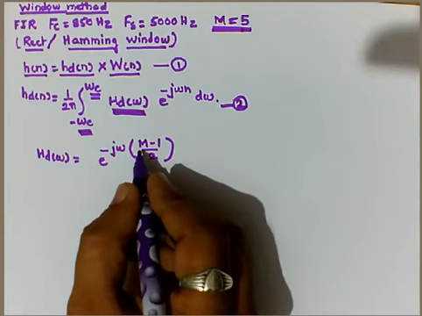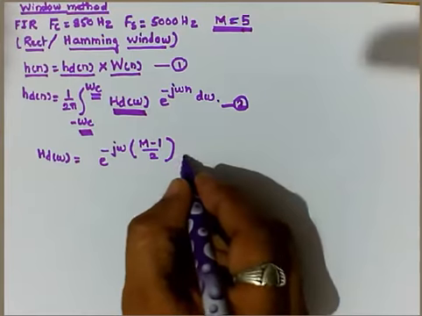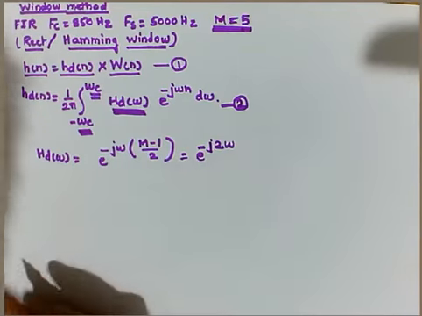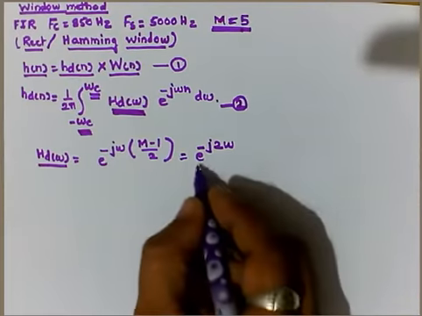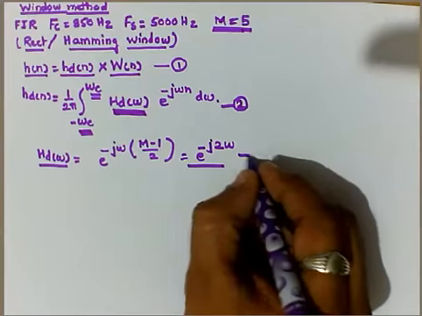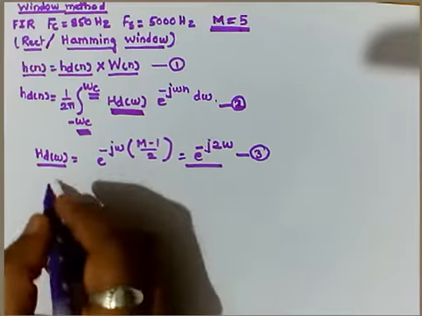So 5 minus 1 is 4, by 2 is 2. In short, this gives e raised to minus j 2 omega. This is the value of hd of omega. Let me call this equation number 3. So here we got hd of omega.